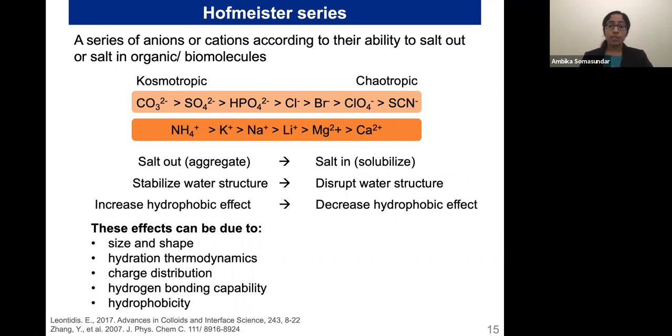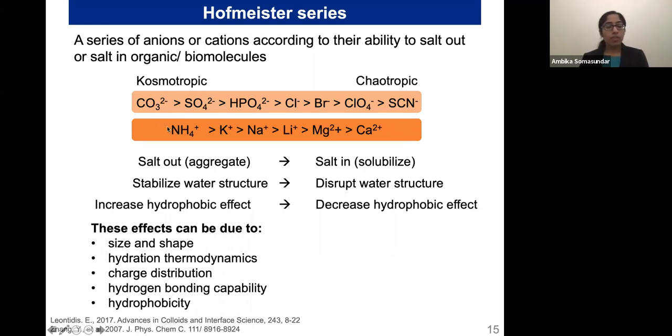This series has been around since the 1800s, but it has not been used to show transport of colloids. If you go from the left to the right, you go from well-hydrated salts to less well-hydrated salts.